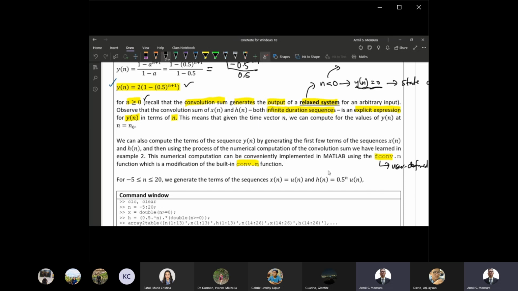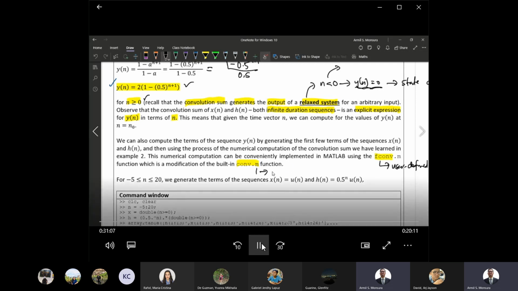Kasi si MATLAB, yung CONV function niya, it just computes the convolution sum of two sequences regardless of the time indices. Basta sa kanya ang indices ng bawat sequences is 1 to kung ilan yung haba ng sequence niyo.